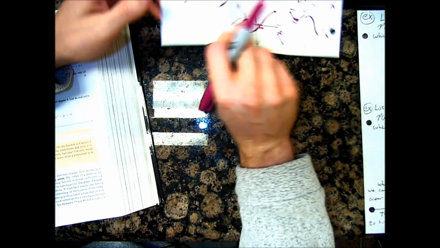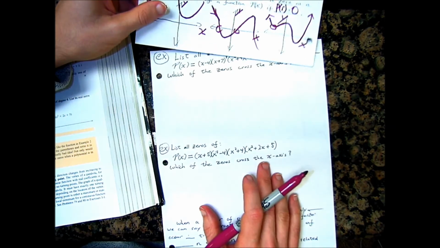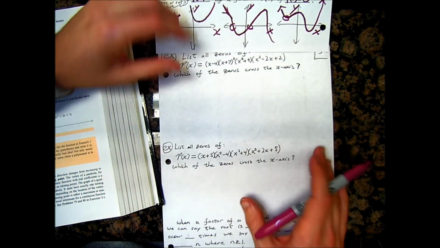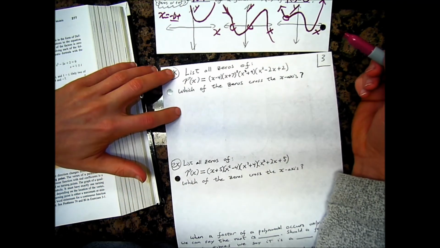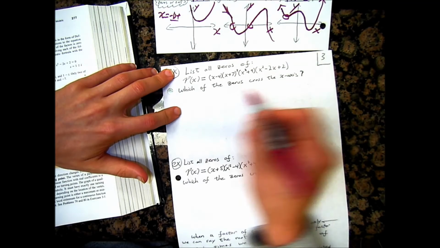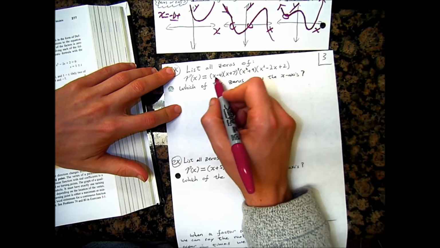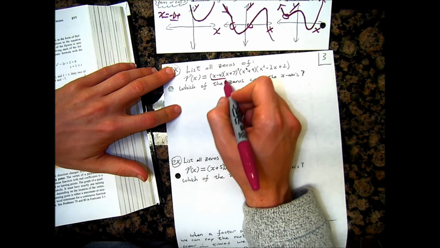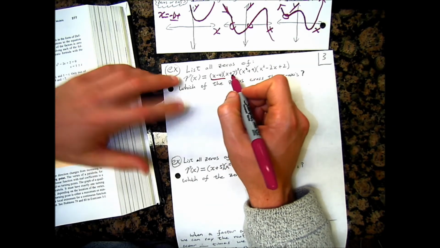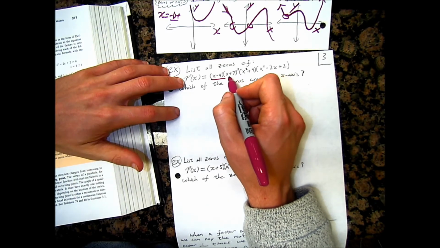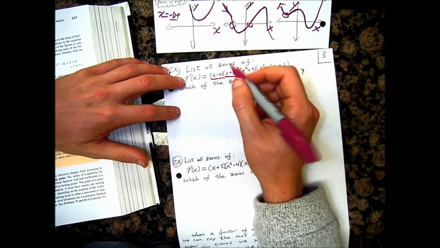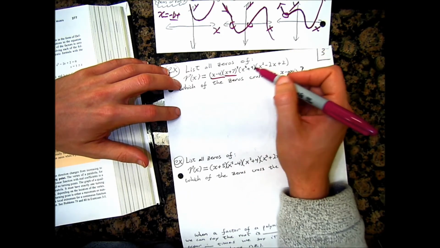So what would that look like in terms of the actual algebraic expression? I'm saying here which of the zeros cross the x-axis. Well, any of the real ones would cross it, right? So this has real zeros, because if I plug in 4, I can tell, oh, I could just get 0. If I plug in -7 here, I'll get 0. So these zeros will cross the x-axis.